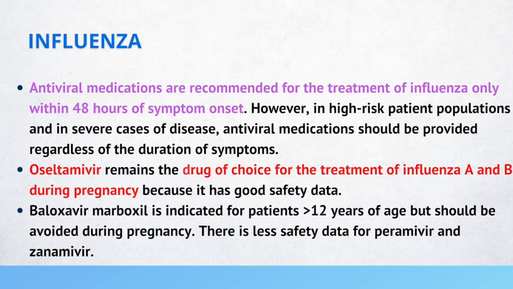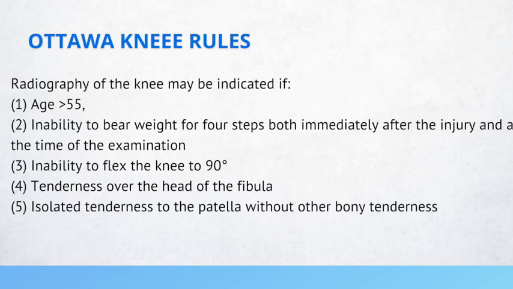Knowing when to do an X-ray imaging of the ankle or the knee is usually guided by the Ottawa rules. Let's review the Ottawa knee rules. So, imaging of the knee may be indicated if the patient is older than 55 years old, if they have an inability to bear weight for 4 steps, both immediately after the injury and at the time of the exam.